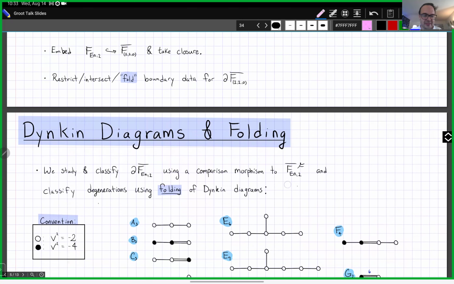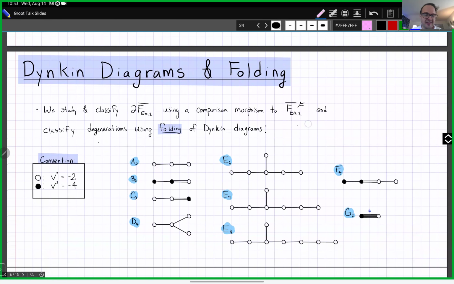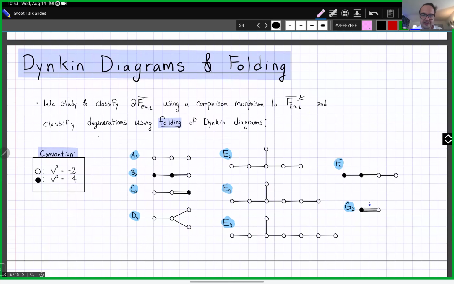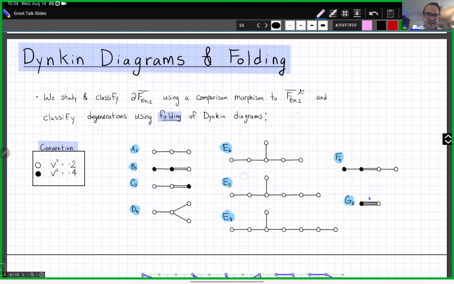So I just wanted to talk a little bit about some background for this folding procedure that we use. So we compare our KSBA compactification to some semi-toroidal compactification, and we use folding of Dynkin diagrams to see this quotient by 2 at the level of combinatorics. So these are just the standard Dynkin diagrams, types A, B, C, D, E, F, and G2.